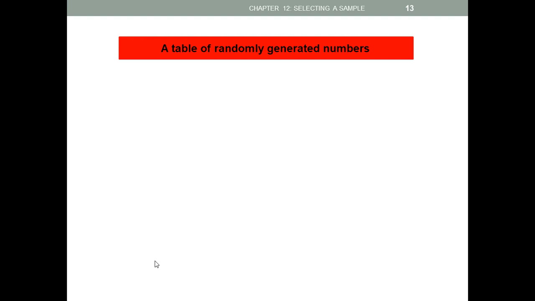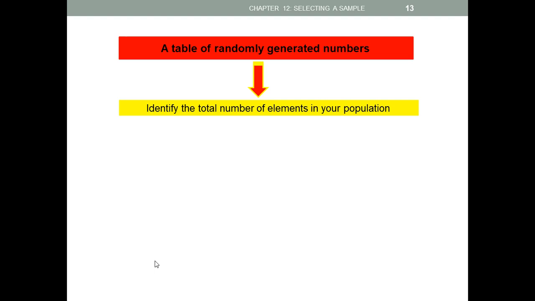So in this lesson, we particularly highlight how to select a sample using a table of randomly generated numbers. Some concepts regarding how to use a table of randomly generated numbers. First of all, the first step, we need to identify the total number of elements in the population.